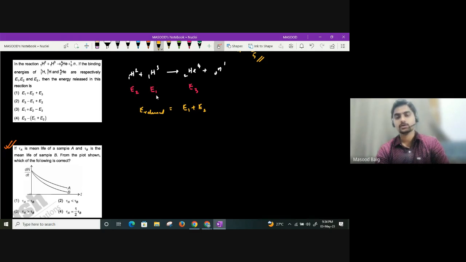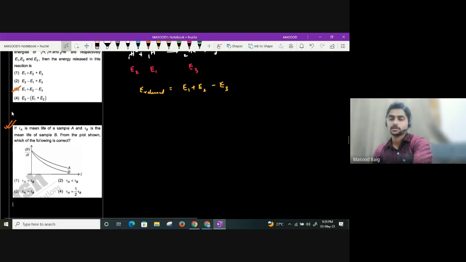For H13 would have been 3E1. And for helium, it would have been 4E3. If E1, E2, and E3 were binding energy per nucleons, in that case, I am saying. But here already they are given as binding energy, so I can write E1 plus E2 minus E3, guys. This would be the energy released. Always remember, energy is released means energy of reactants will be more than that of energy of products, guys.